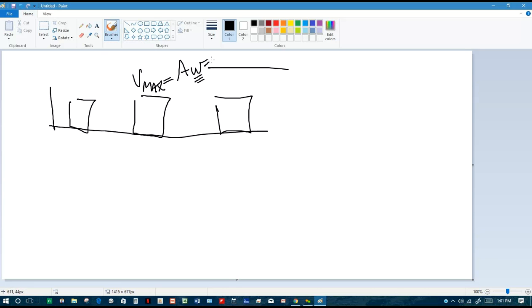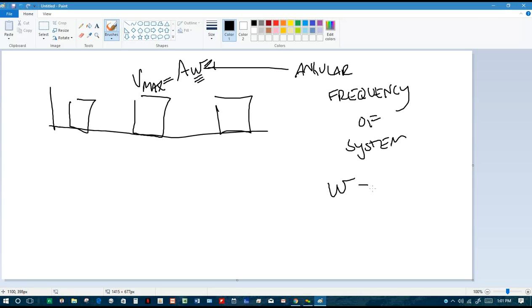So this here represents angular frequency of the mass spring system. And so omega is always the square root of k over m.